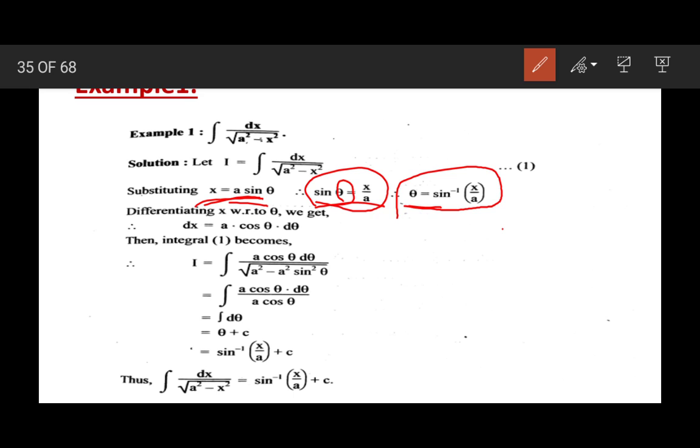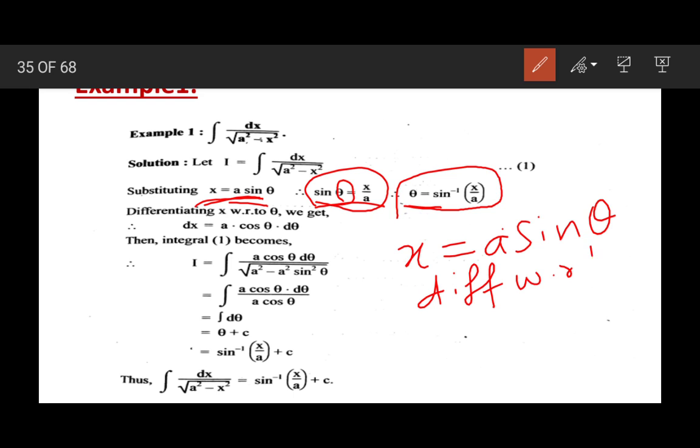Since x is equal to a sin theta, I am differentiating this with respect to theta. So dx upon d theta is equal to a, as the derivative of sin theta is cos theta.